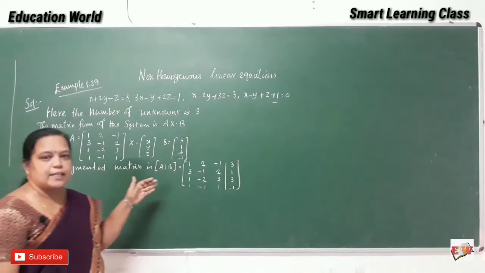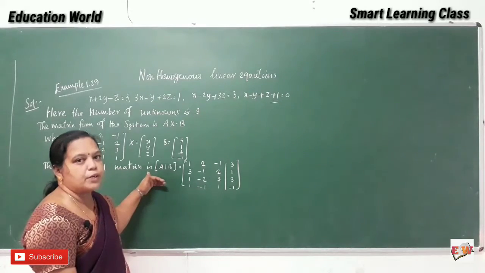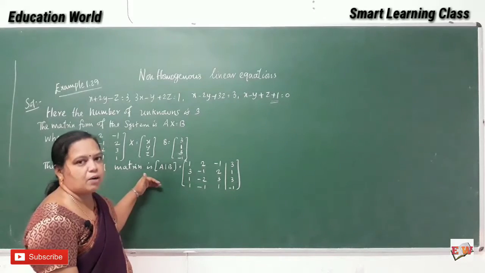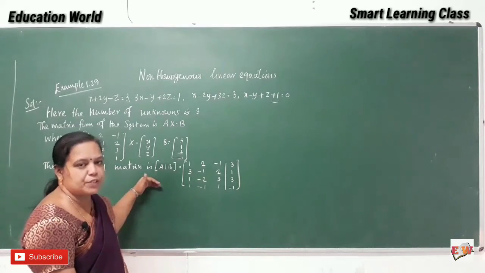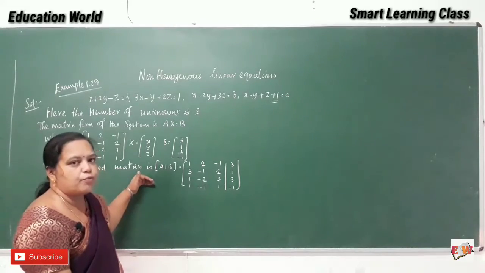Now I am going to transform this augmented matrix into row echelon form by using the Gaussian elimination method. We have to apply elementary row operations on this augmented matrix and we get the row echelon form.